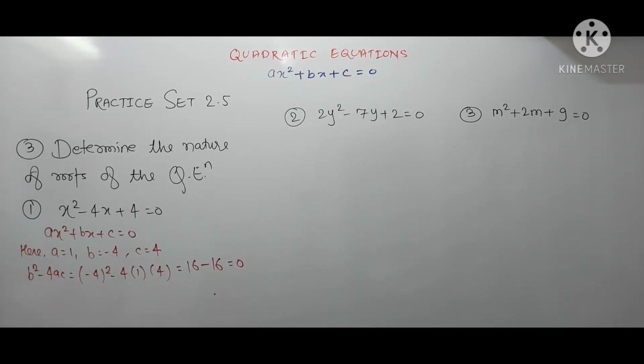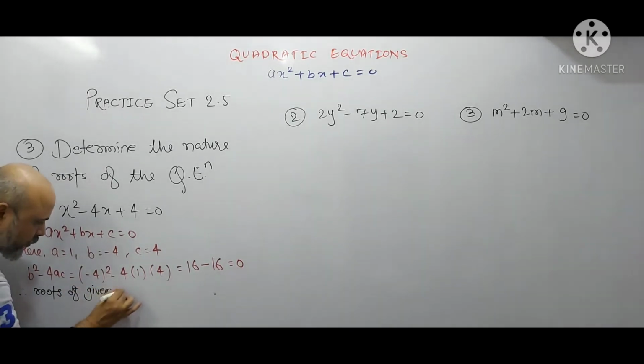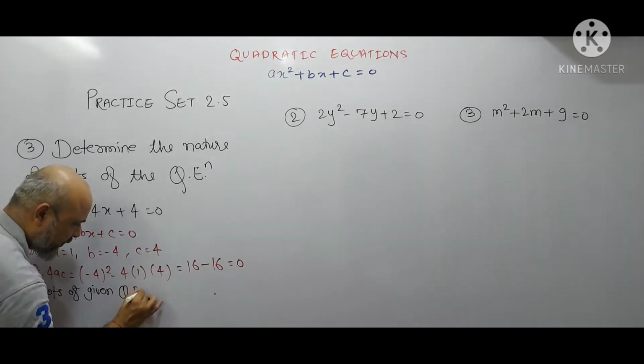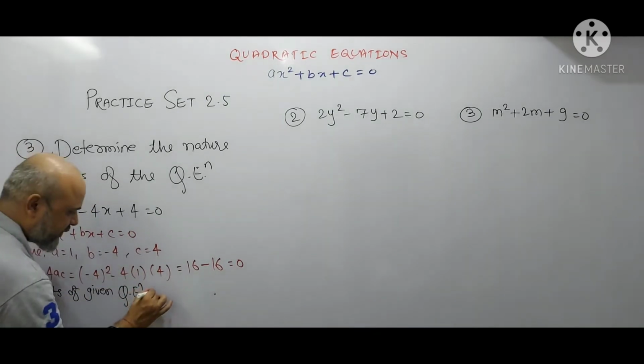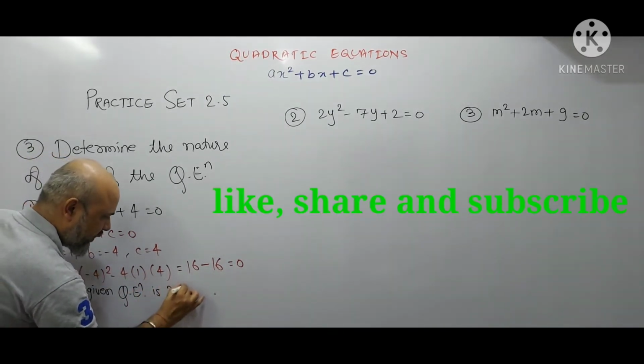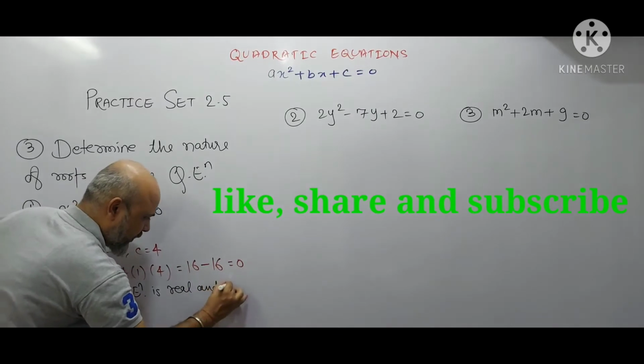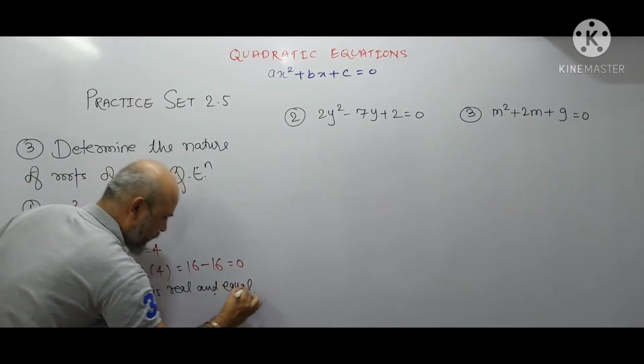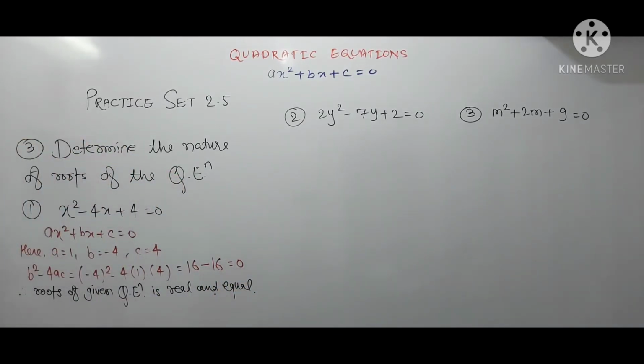So if the value of discriminant is 0, therefore we'll write roots of the given quadratic equation are real and equal.